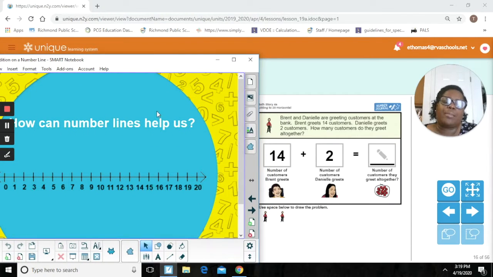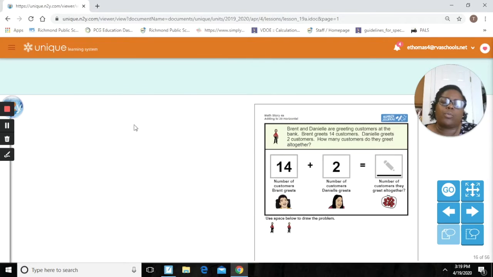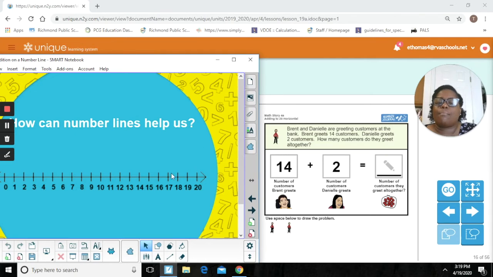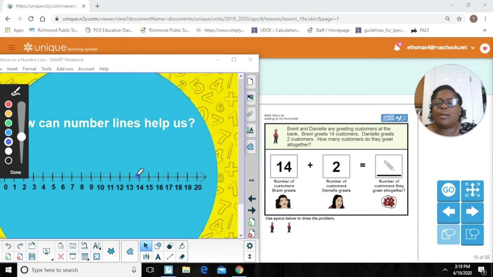Whenever we use a number line to add, we're always going to start with this number right here. And we're going to hop forward. How many spaces? 2. So we start with 14 and we're going to hop forward 2. 1, 2.